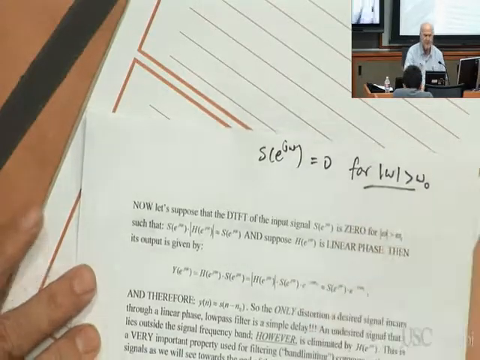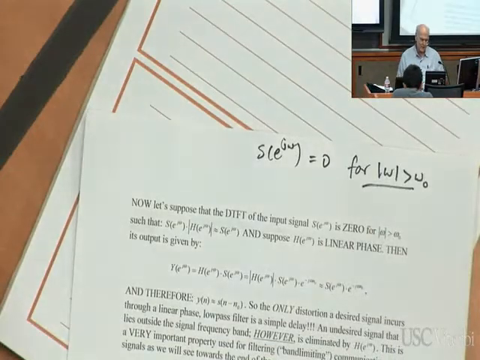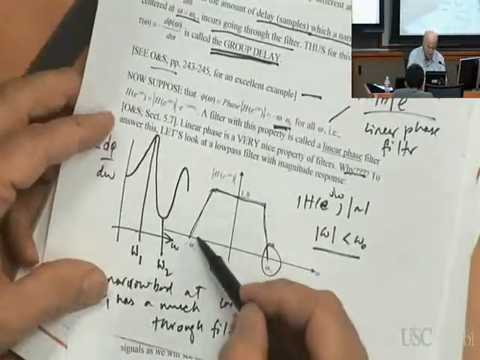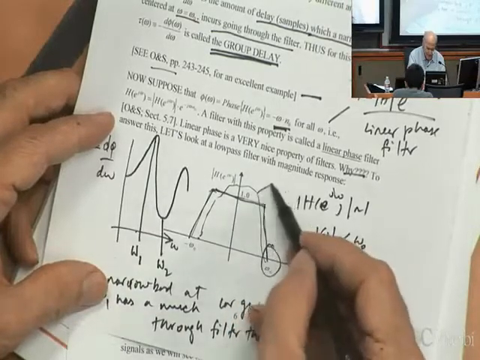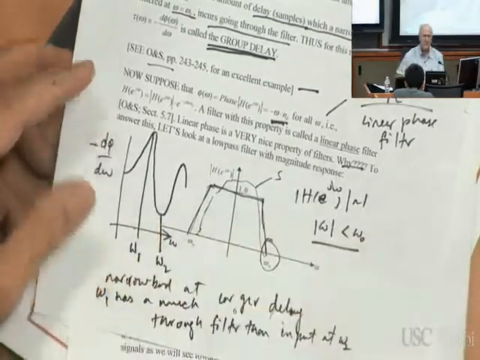So that's kind of interesting. What we're assuming is that the DTFT of S is all contained within this filter's passband.